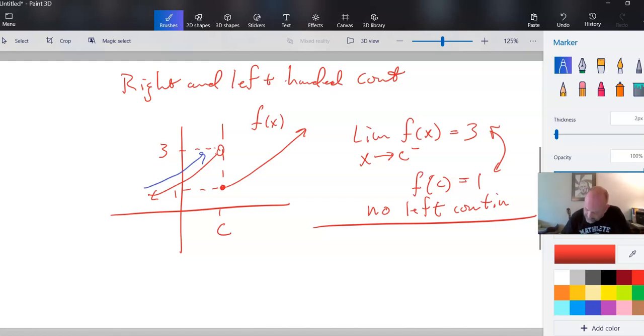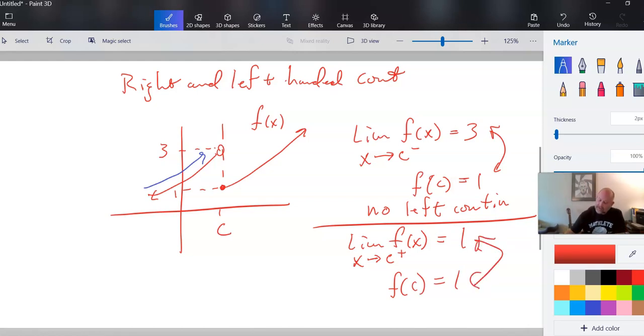But if I come in from the other side, the limit of f of x as x approaches c from the positive side, I get 1. And f of c is also 1. So this is continuous from the right-hand side because these match.